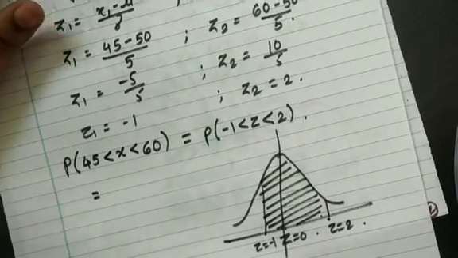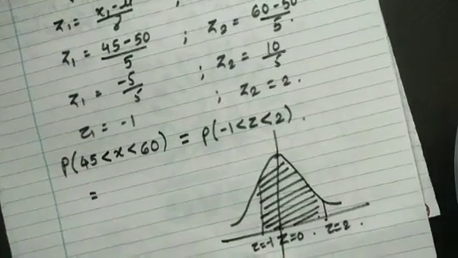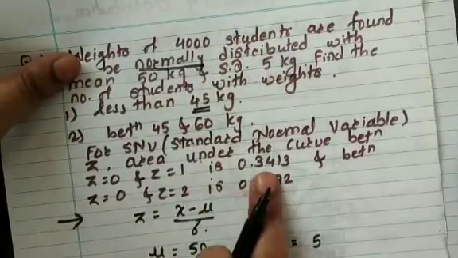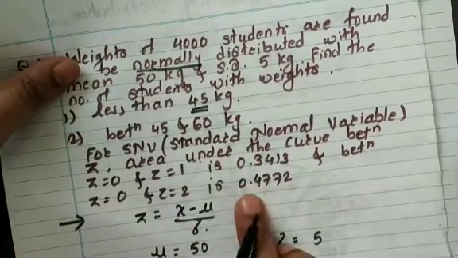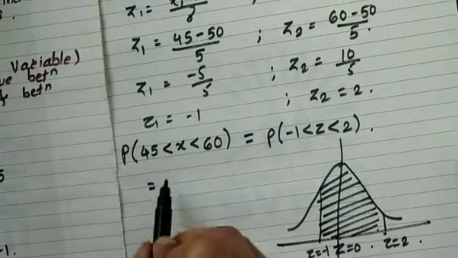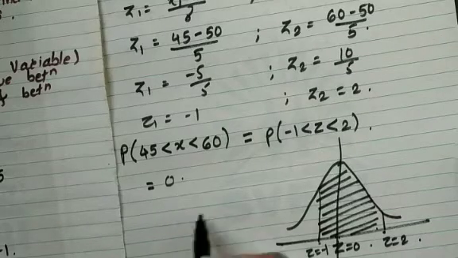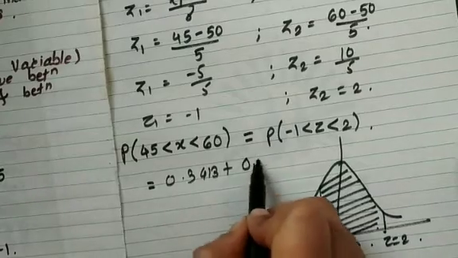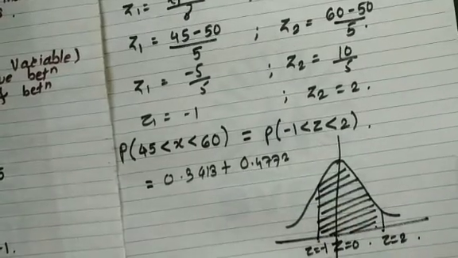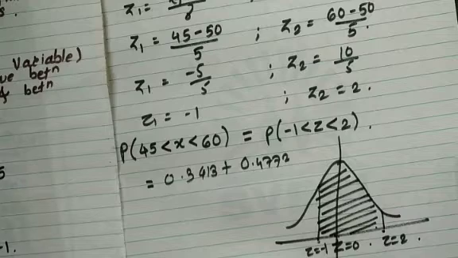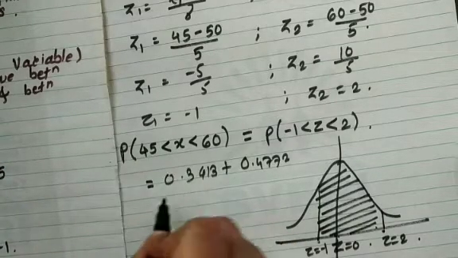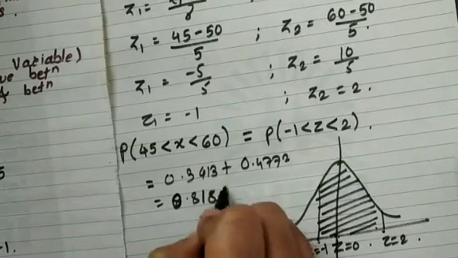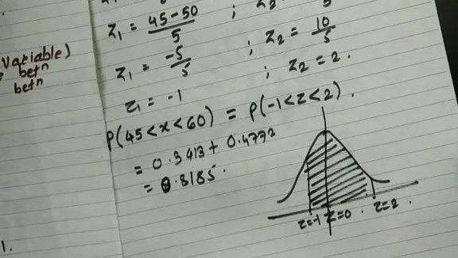That is equal to z is 0 to 1. It is given to you. Z is 0 to 1 area and z is 0 to 2 is also given to you. So we have to simply add them. That is 0 to 1 area is 0.3413 plus 0 to 2 area is 0.4772, and which is equal to 0.8185. This is the probability.